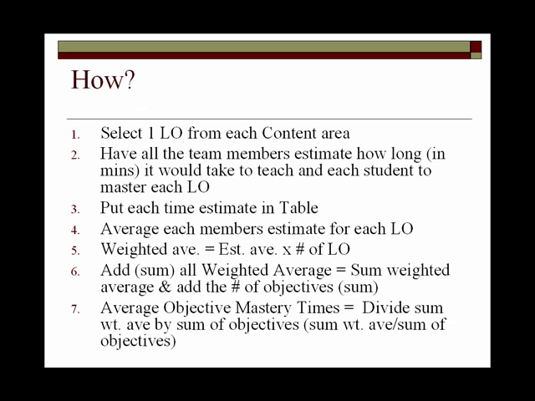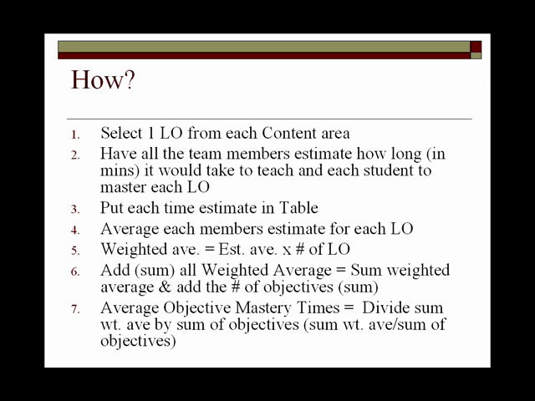Alright, let's learn how to do this. If you turn to page 124 in your textbook, we're looking at figure 6.8. The first thing you're going to do is select one learning objective from each of the content areas. I'm looking at the chart on page 124 in figure 6.8, the top chart where it says category, simple objective. In the category column, you're going to list your 3 content areas.